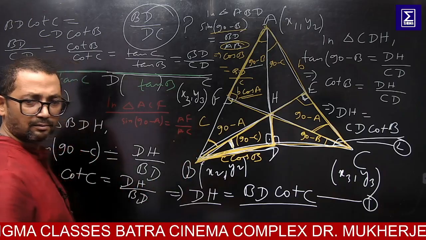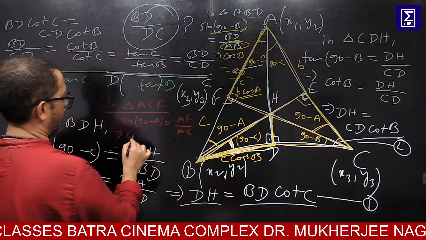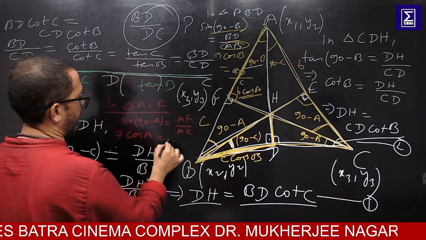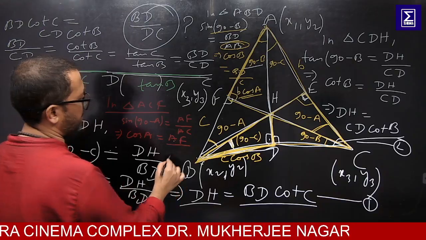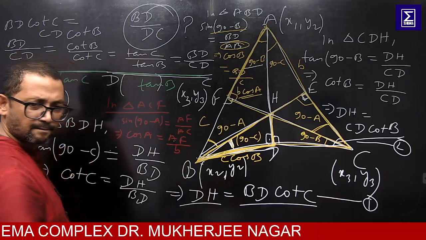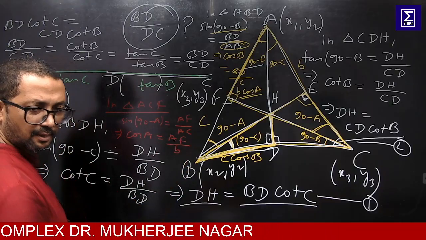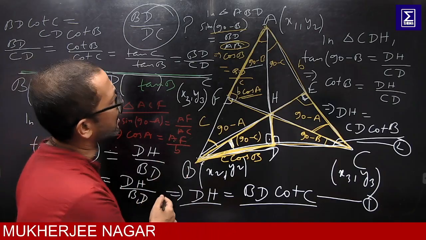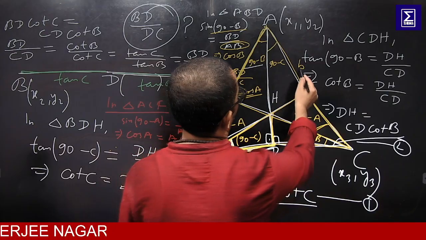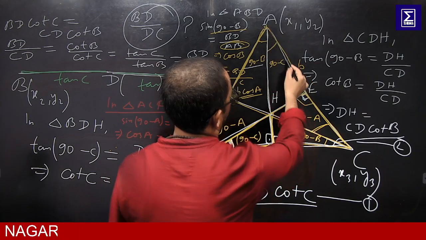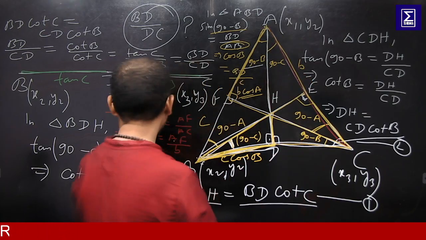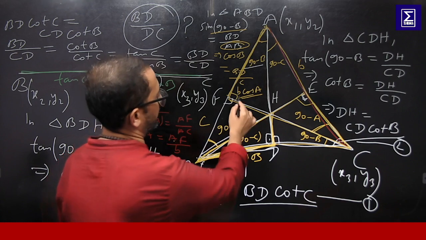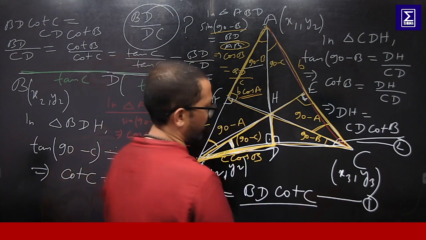Yes or no? So cos A is equal to AF upon, in place of AC can we write small b? Yes, the entire length of AC is small b, so it would be b cos A. AF is b cos A.